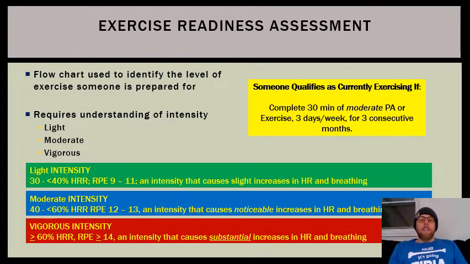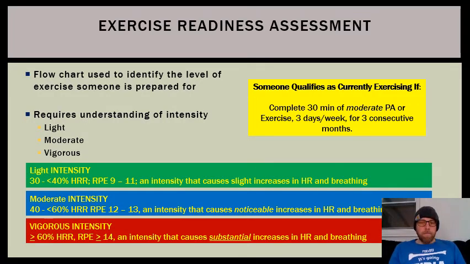So now let's go ahead and get into our first assessment. Our first and simplest assessment that we should always perform on someone is what level of exercise they are ready for. What level of physical activity can they start doing right now?